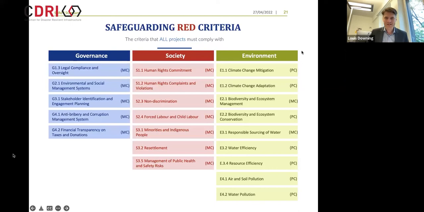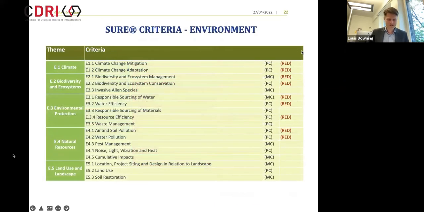So let's dive now into the environment section. These are all of the criteria within the themes of the environment section. So for climate, we have climate change mitigation and adaptation, and we'll look at them in some more detail. There's 3 criteria under biodiversity and ecosystems.